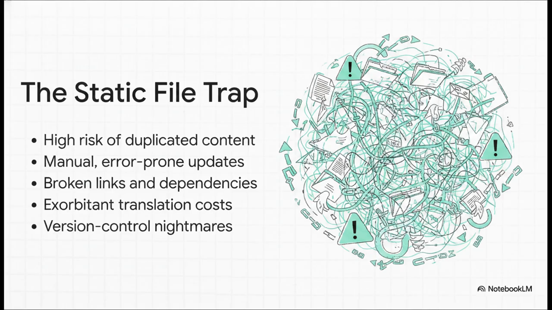Well, in a static file system, that exact same sentence might live in 15 different standalone manuals. When the safety regulation changes, some poor soul on your team has to manually hunt down and update it 15 separate times. This static file trap creates a huge risk for duplicated content, error-prone manual updates, broken links, exorbitant translation costs, and just absolute version control nightmares.